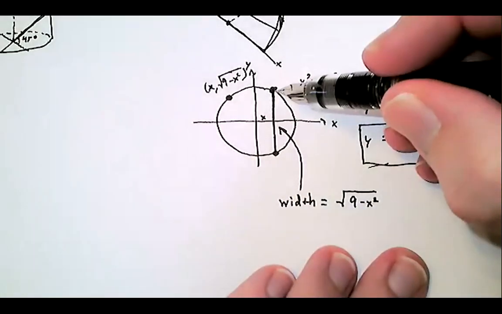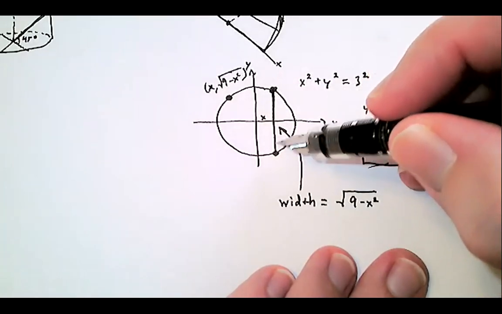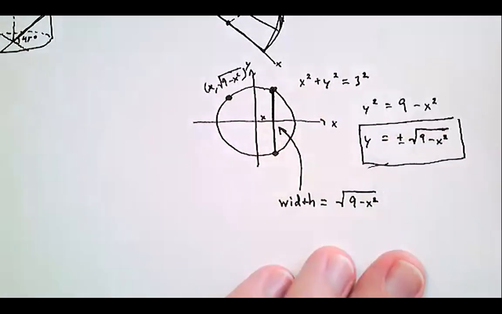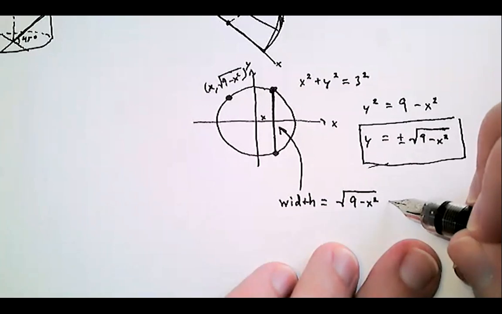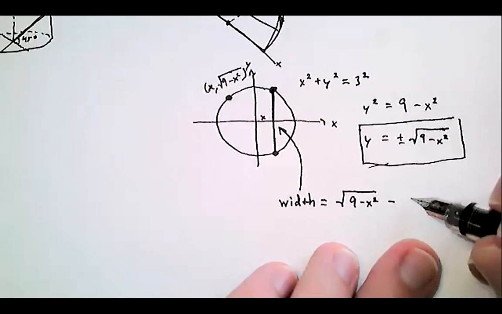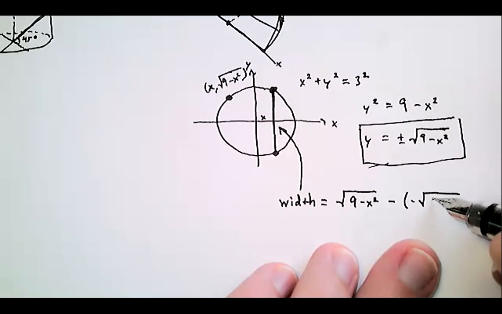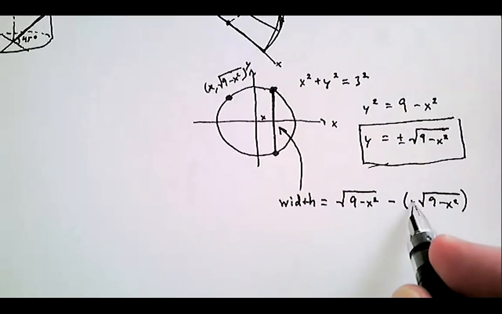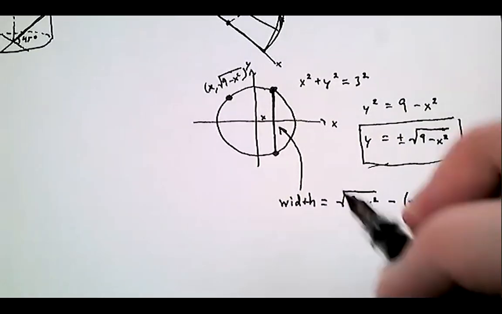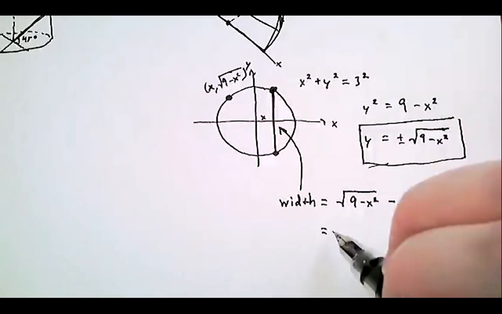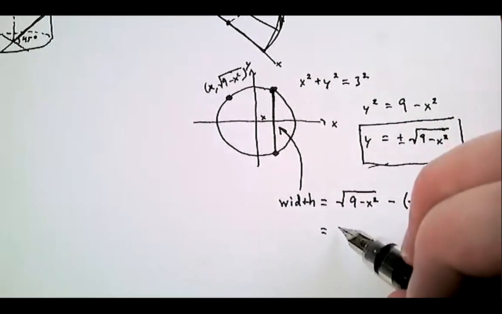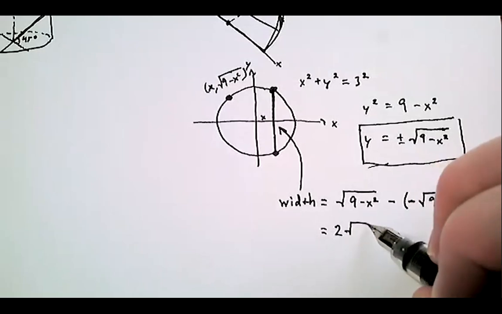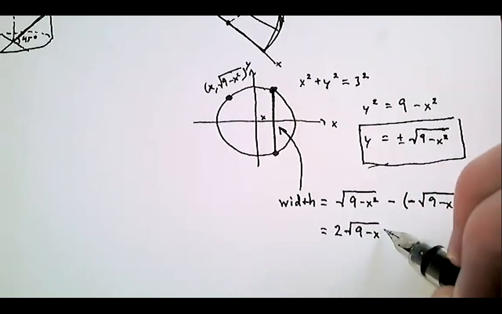So if we want to find the distance between here and here, we subtract the y coordinates. So we subtract and then negative square root of 9 minus x squared. And then subtracting a negative, this becomes a positive, so we just get 2 times the square root of 9 minus x squared.